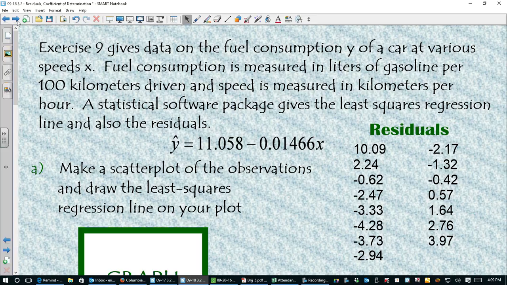You need to program the speed values in your list 1 in your calculator, and the fuel used in liters per 100 kilometers in your list 2, and bring that to class tomorrow.